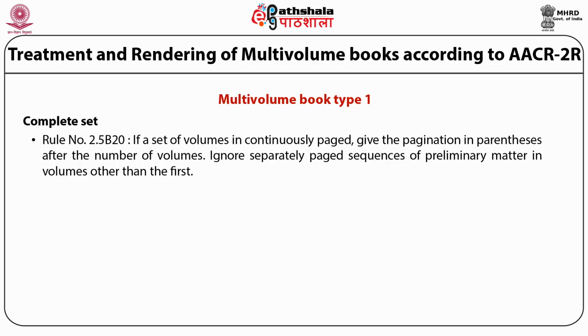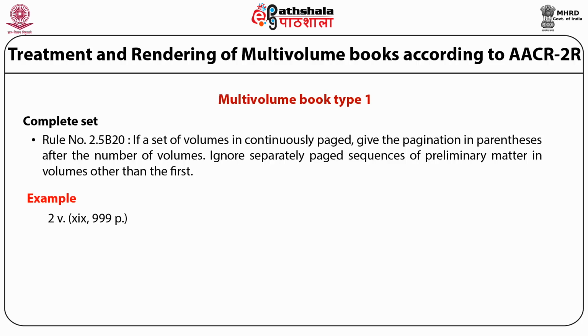Ignore separately paged sequences of preliminary matter in volumes other than the first. For example, 2V, the book is in 2 volumes, within parentheses 19 preliminary pages and total 999 pages.